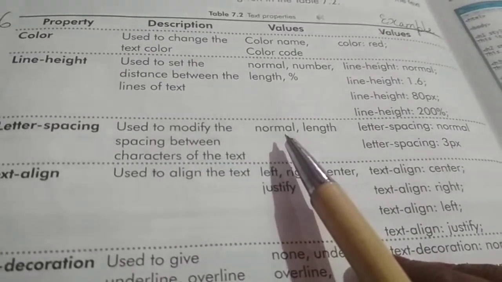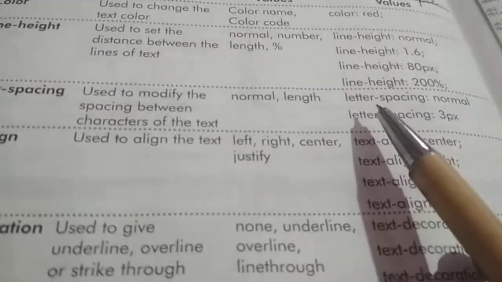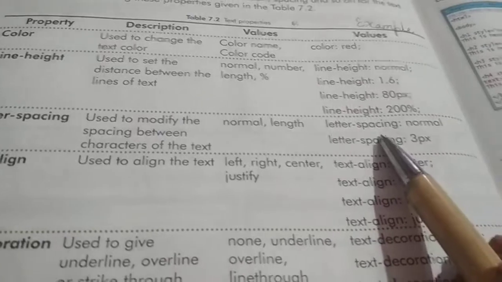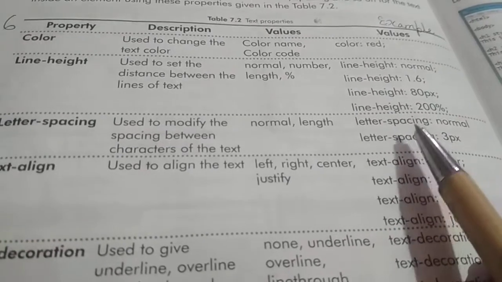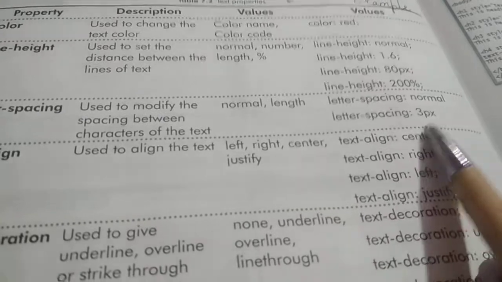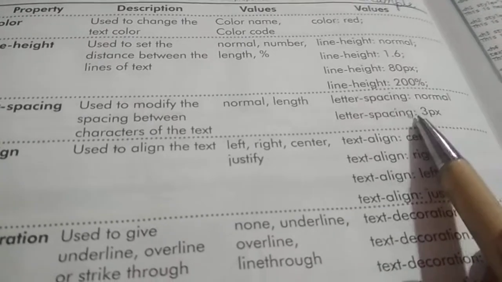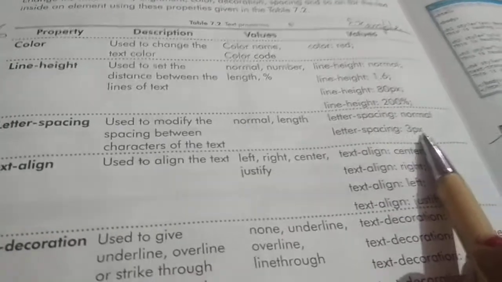What are the values of it? Normal and length. For example, letter spacing colon normal. That means in this it will be in normal form. Now letter spacing 3 pixels. That means the space between two letters will be 3 pixels.